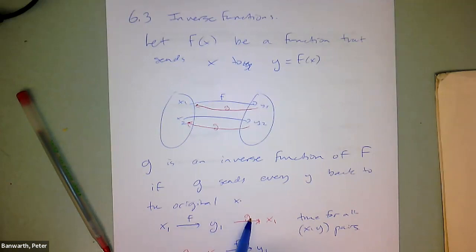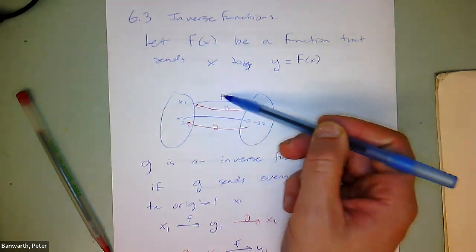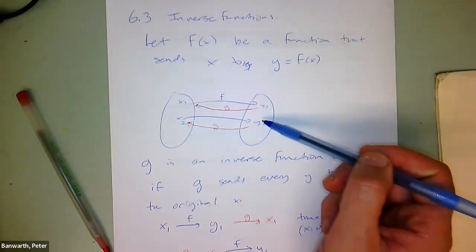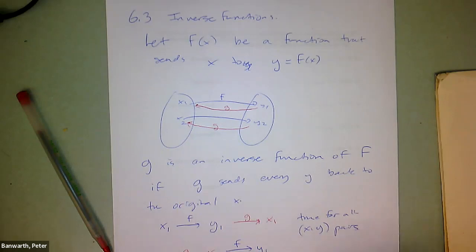So g undoes what f does, and f undoes what g does. You have to work both ways. Whether you start with y's and go through g and then back to y, or if you start with x's and go through f and then back to x's, it has to work in both directions.